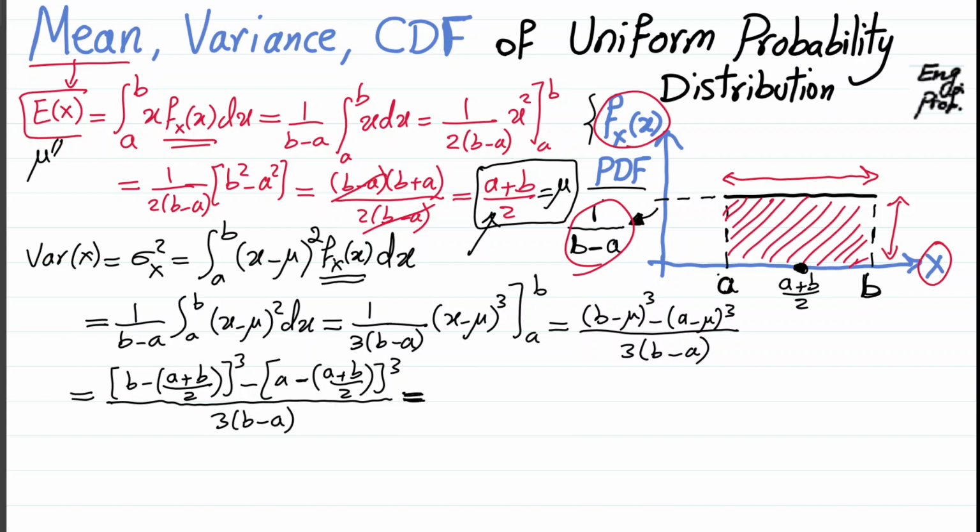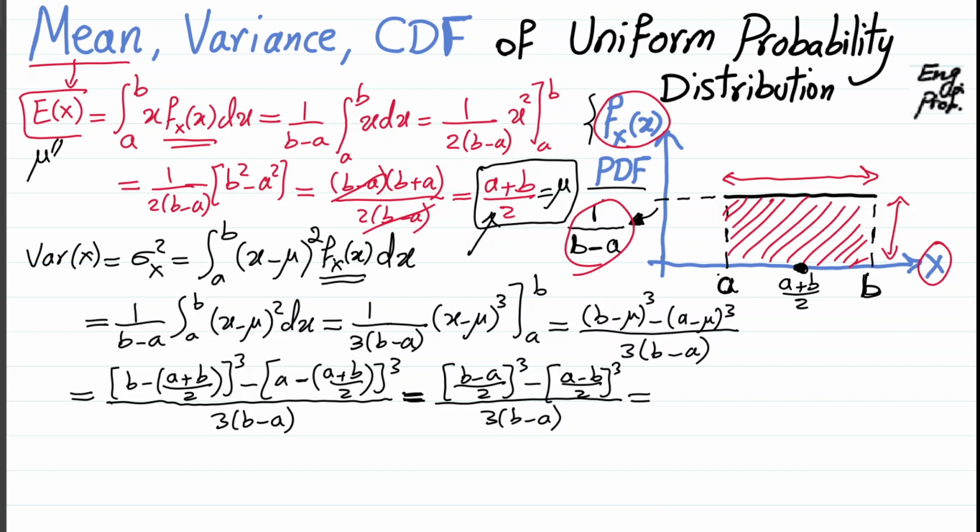If we reshuffle things inside each component of the numerator, we end up with b minus a divided by 2, cubed, minus a minus b divided by 2, cubed, and the whole thing divided by 3 times b minus a.